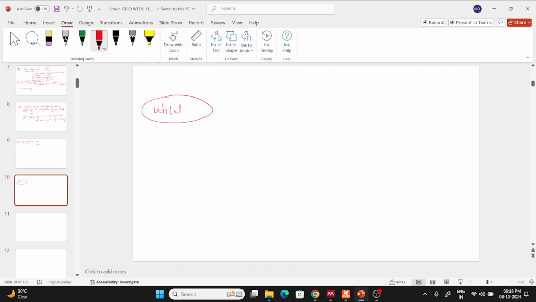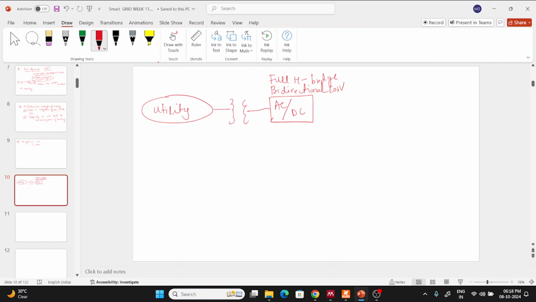This is the utility. It is connected through power electronics circuitry, which I have already discussed. This is a full H bridge bidirectional converter.